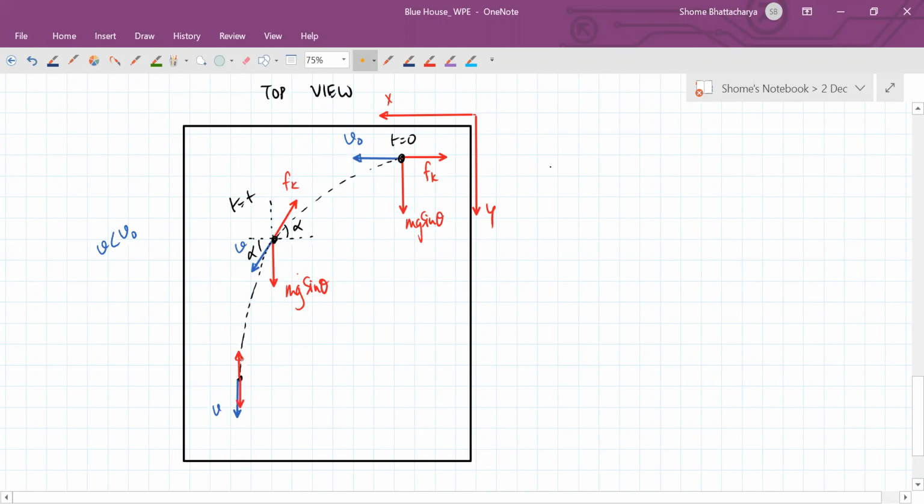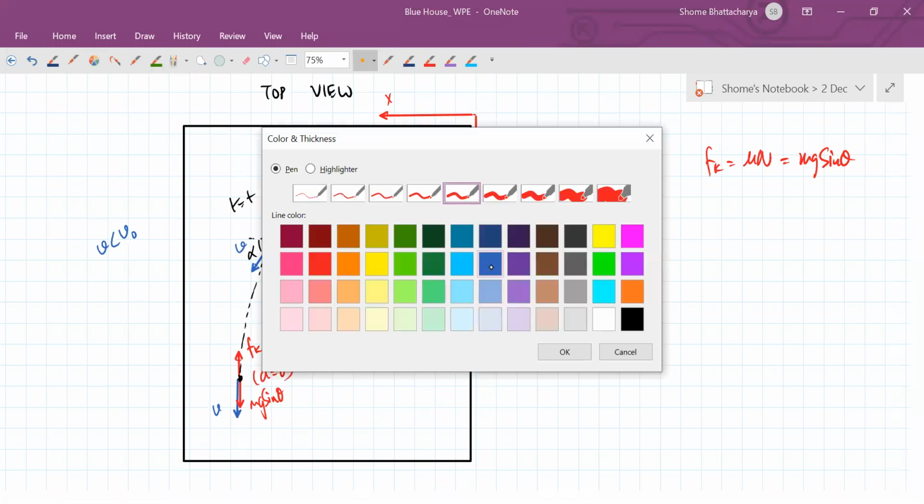So when the velocity vector becomes along the y-axis, mg sine theta and kinetic friction, because always kinetic friction, which is mu n, is equal to mg sine theta. So at this stage the acceleration becomes zero. So this becomes a steady uniform velocity.